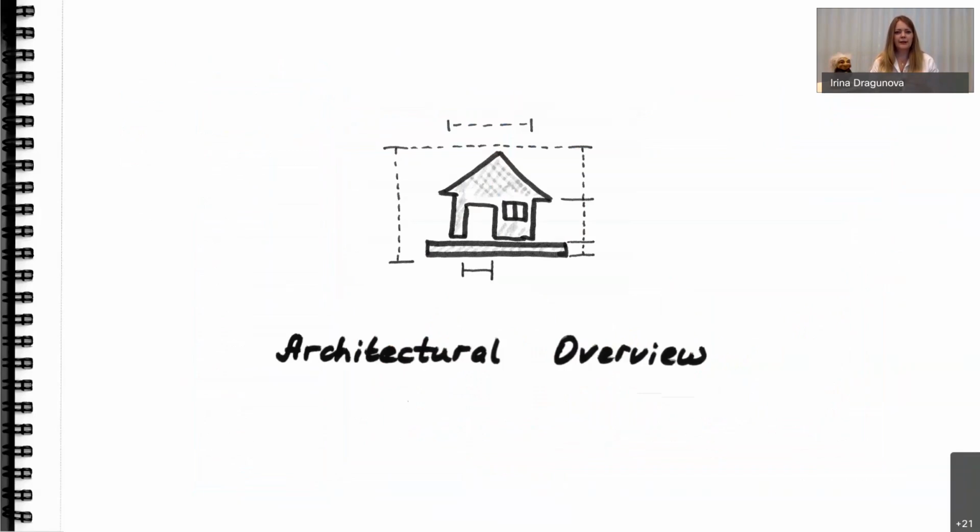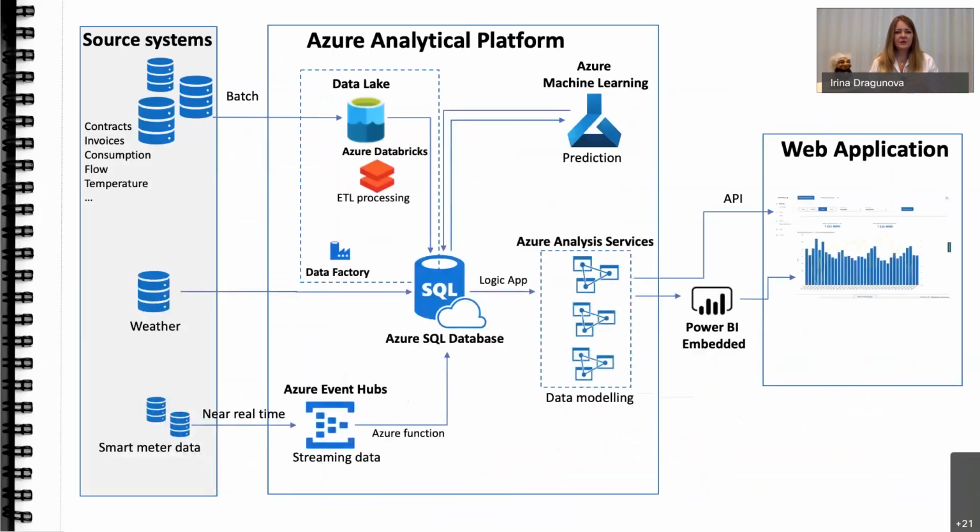So let's look into our technical realization. This is how the architecture of our application looks like today. This is really a very simplified diagram, but it gives you a good overview.